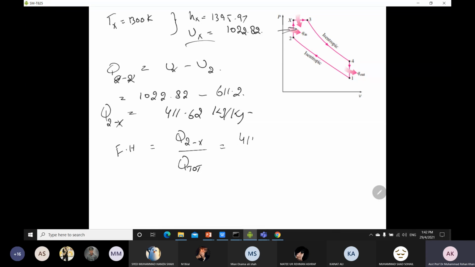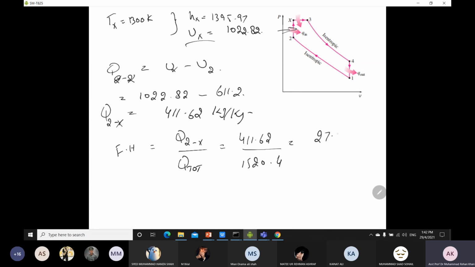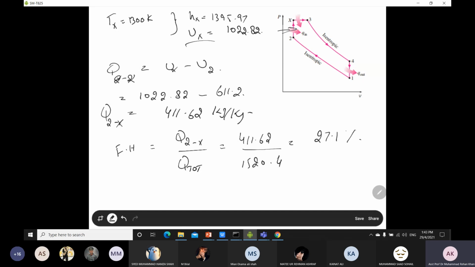So 411.62 over 1520, which is mentioned in your question as the total heat. If you take the ratio and convert it into a percentage, you will get 27.1%, the fraction of heat added during the constant volume heat addition process in the dual cycle. So this is the solution for your part A. You can note it down, then I'll move towards part B.